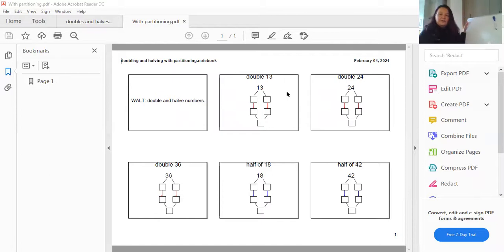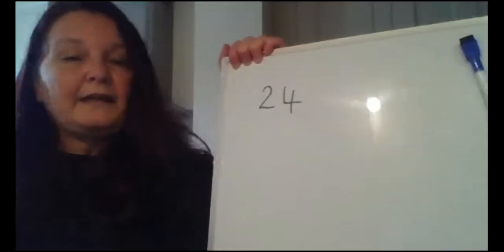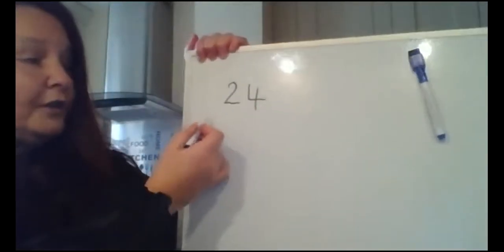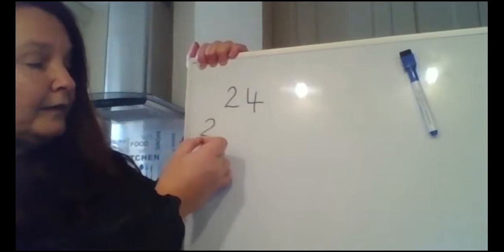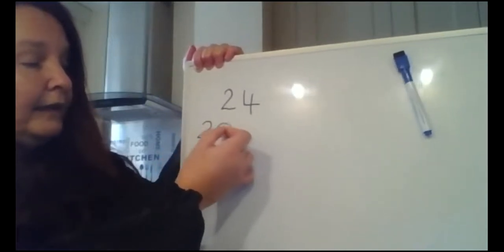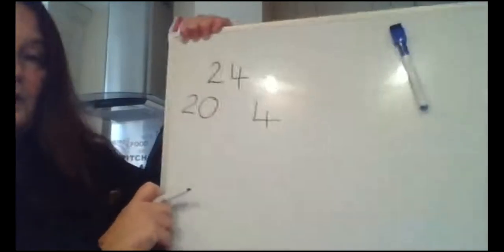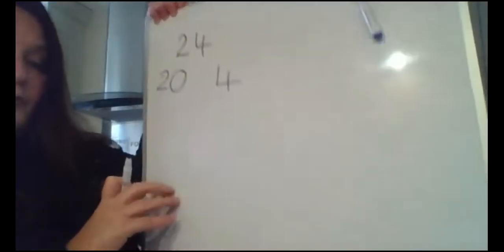Okay, so if I want to double 24, now I might easily be able to do that. Might think, oh, that's quite easy for me. So what I can do is this. There's my 24. First thing I'm going to do is partition the number. So I'm going to get 20 and 4. Now we've done lots of work on partitioning before, so you should be okay with that.